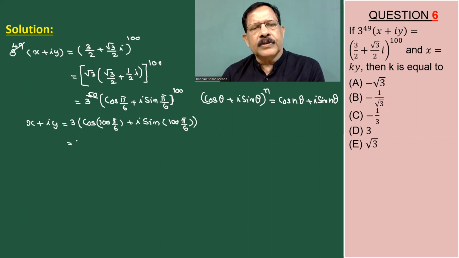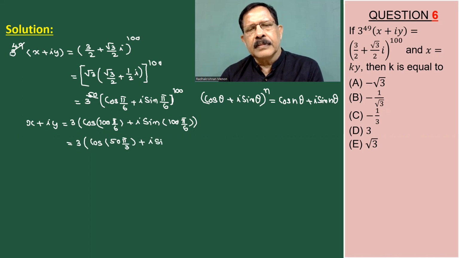Now this is equal to 3 into cos 50 pi by 3 plus i sin 50 pi by 3, since 100 pi by 6 is 50 pi by 3.